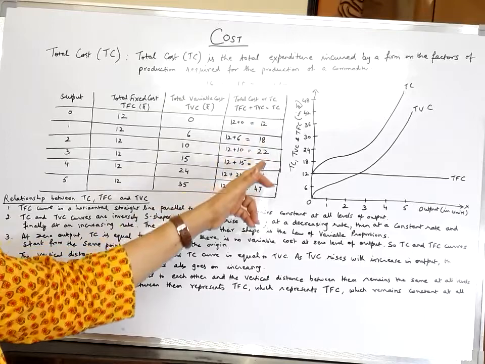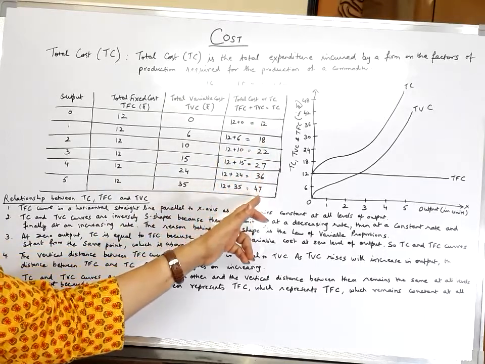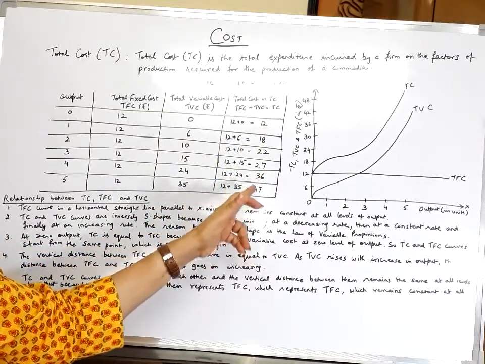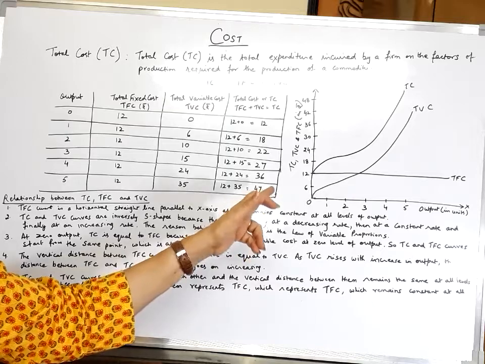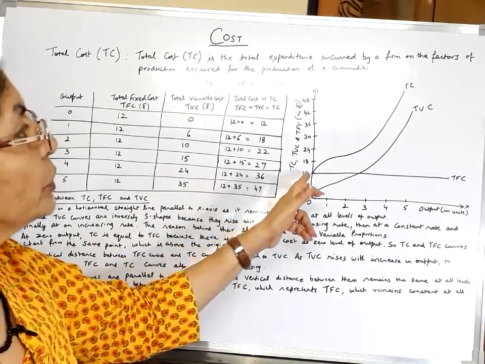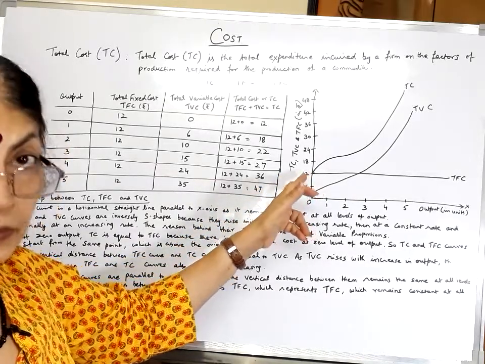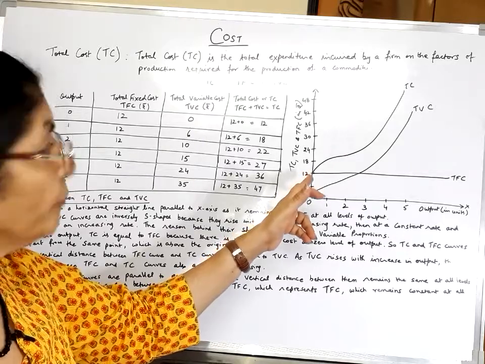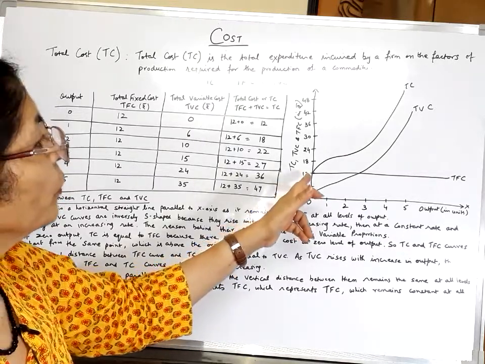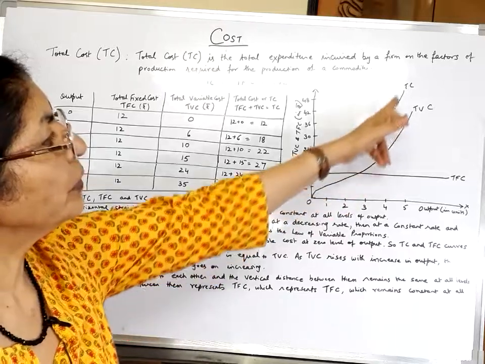Then it is rising and tends to increase more and more later on. That is why your total cost curve will begin at 12 units of expenditure or costs and carry on in this manner.